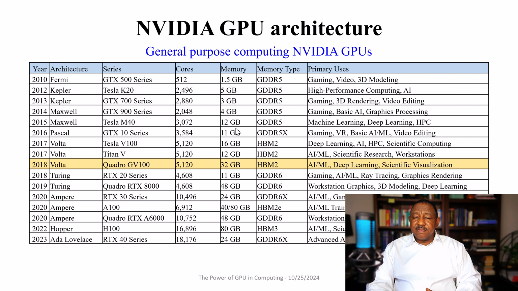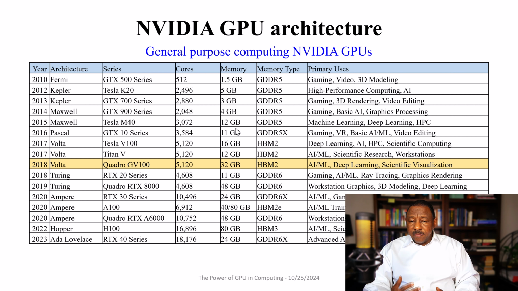NVIDIA GPUs have different architectures. In fact, they are different brands of GPUs for different purposes at the same time. Some of them are for gaming and video rendering, 3D modeling, some of them for machine learning, some of them for scientific computing, and so on.